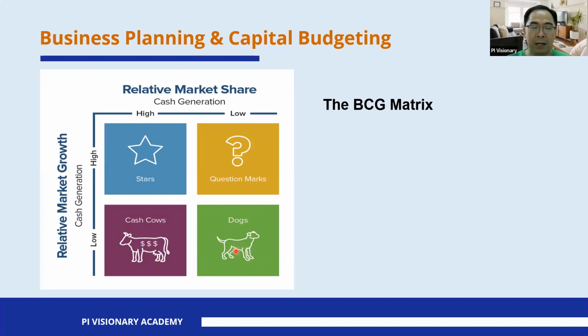If you only sell one product for 20 years and don't have a new product to come in, very soon your product will be a dog. When a new product is introduced into the market, it will grow like this. From here, grow to here, move to here, and slowly move to here.